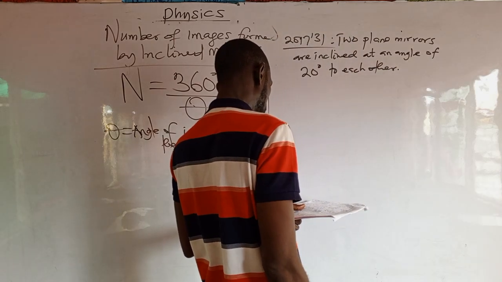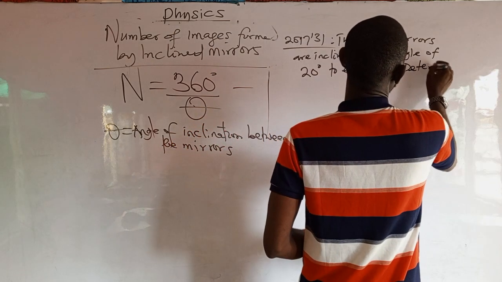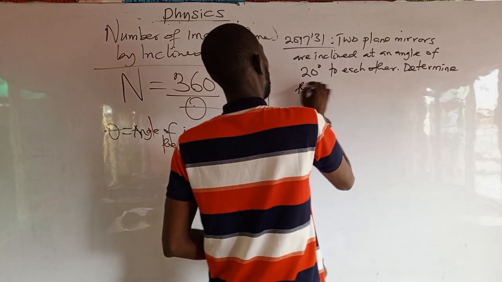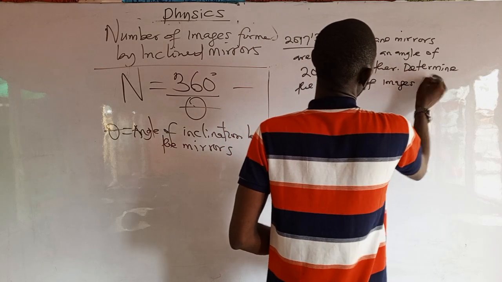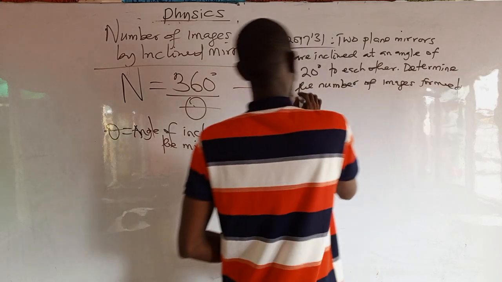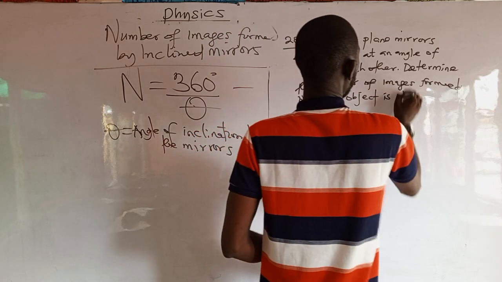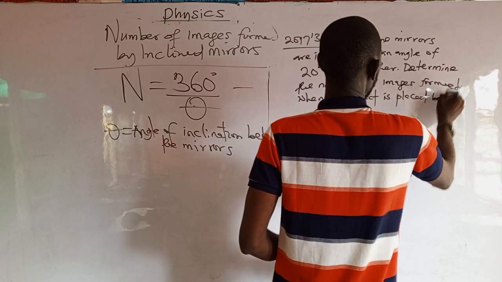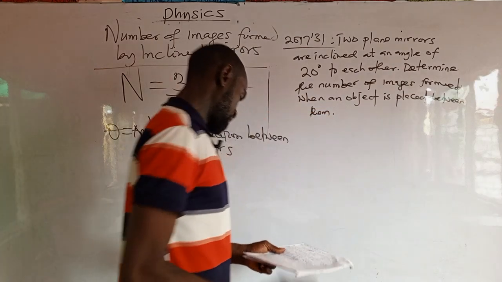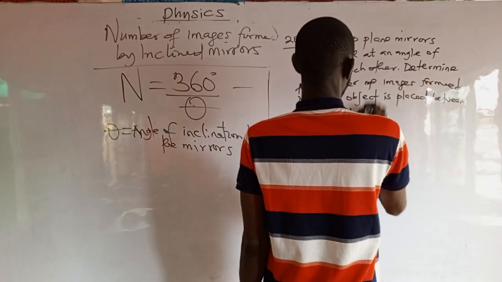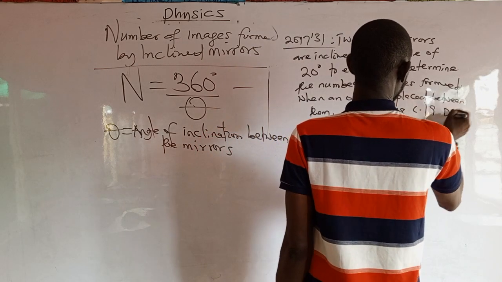Determine the number of images formed when an object is placed between them. We have options: A 17, B 18, C 19, D 20.